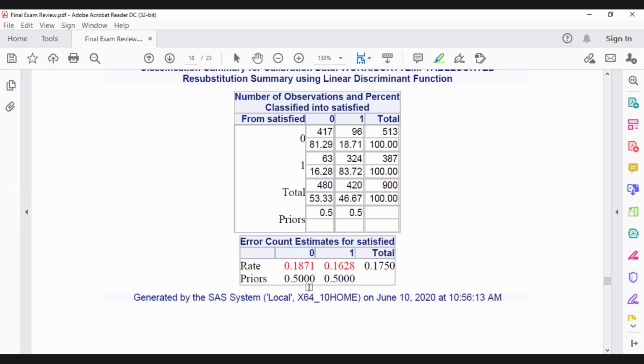The error rate for y equal to 0 is 0.1871, and the error rate for y equal to 1 is 0.1628. So if I ask you the following question in the final exam, is linear discriminant analysis better in classifying y equal to 0 or y equal to 1? What will be your answer?